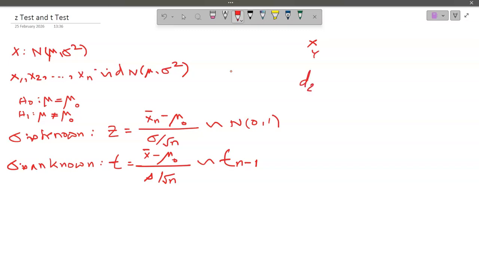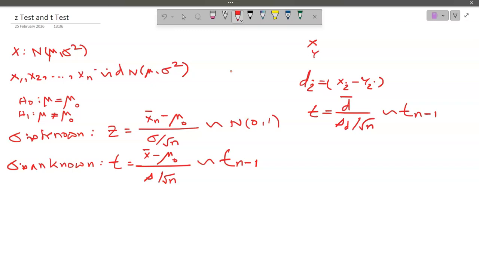Then we use the differences Xi minus Yi, and our test statistic becomes d bar by sample standard deviation of d by root n, which is distributed as t with n minus 1 degrees of freedom. This is the paired sample test.